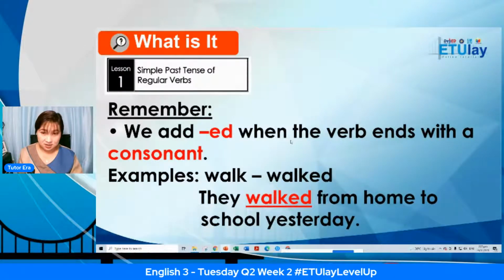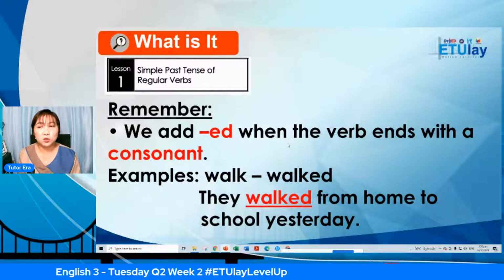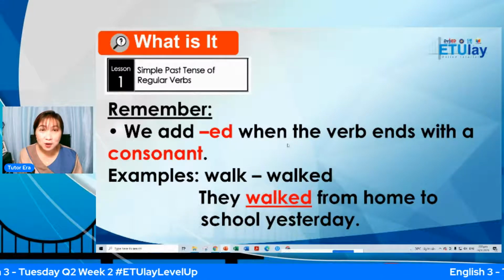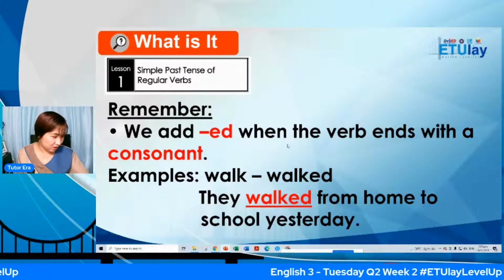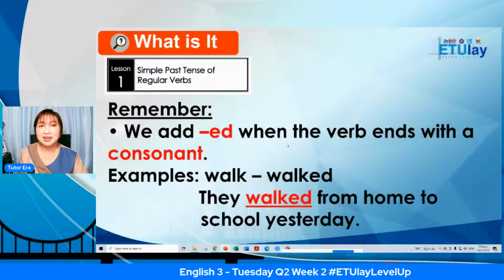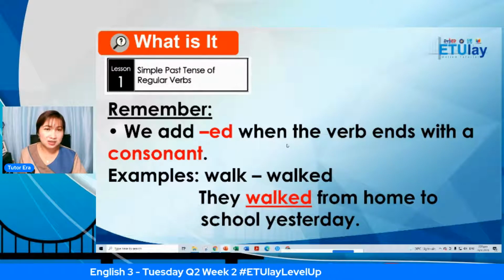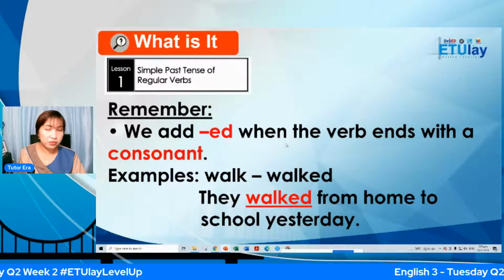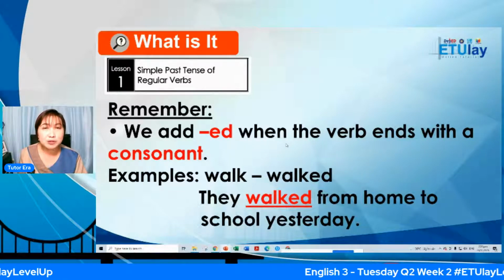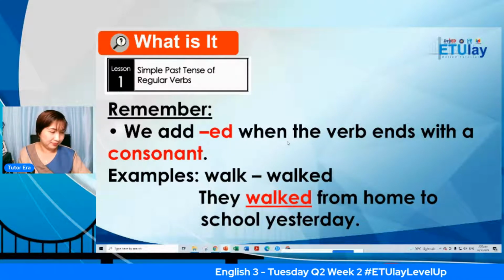We add ED when the verb ends with a consonant. I hope you remember those consonants. Can you give me an example of a consonant? Yes, thank you for that. What are some samples of consonants that you know?